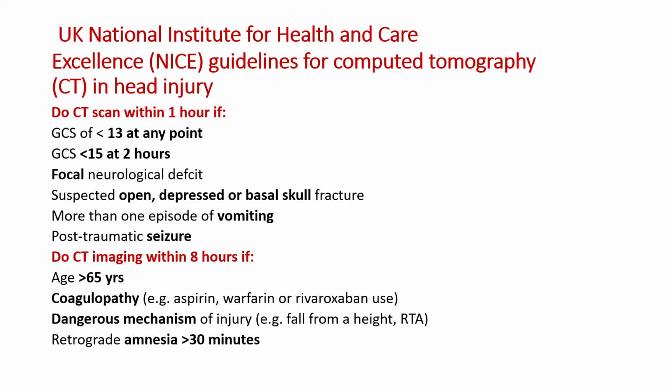Then you read about a fall from a height, what height is considered to fall under the dangerous mechanism of injury. So read about the Canadian CT head rule, then read about the inclusion criteria and the exclusion criteria of the Canadian CT head rule.